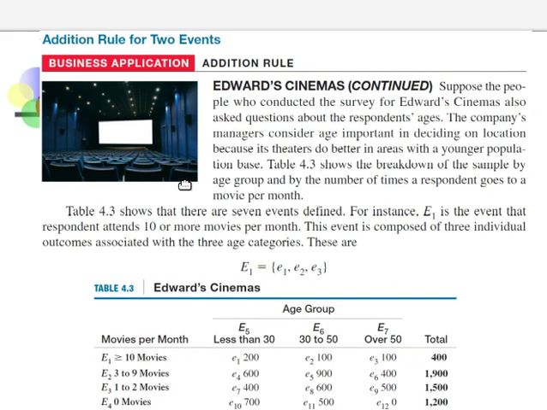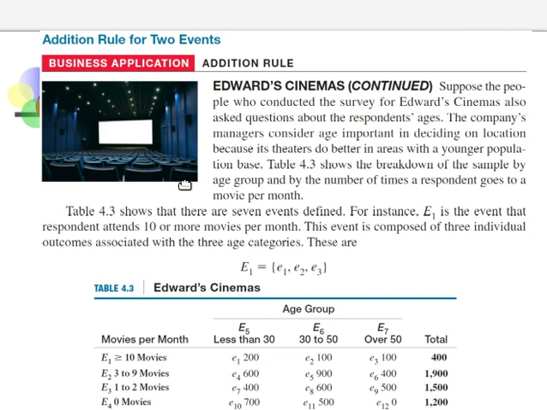Now, here's a scenario with a business application. Continued from Edwards Cinemas. Suppose the people who conducted the survey for Edwards Cinemas also asked questions about the respondents' ages.